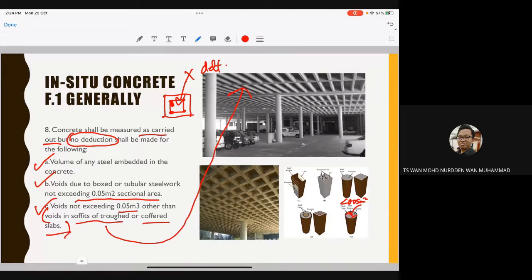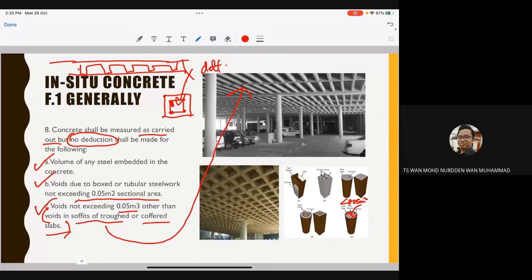Okay. Yang ni biasa kita tengok this design, okay, dia konkrit macam biasa. Kalau atas tu dia macam tu lah, okay. Tapi kat bawah ni dia akan ada lubang, lebih dalam macam tu. So bila thickness, kita akan ukur thickness macam ni kan.